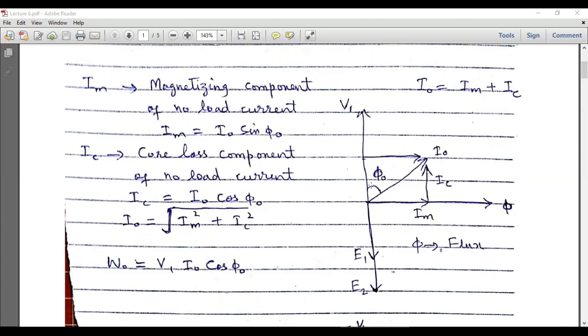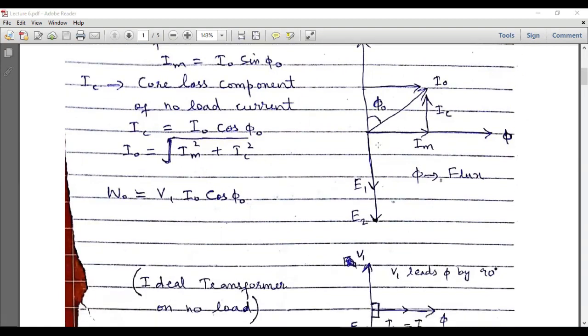Since this is phi naught, the component in front of this angle will be the vertical component. So this component will be I naught sin phi naught, or IM, the magnetizing component. Similarly, the other component, which is this IC, is the horizontal component of this no load current, and it is equal to I naught cos phi naught.